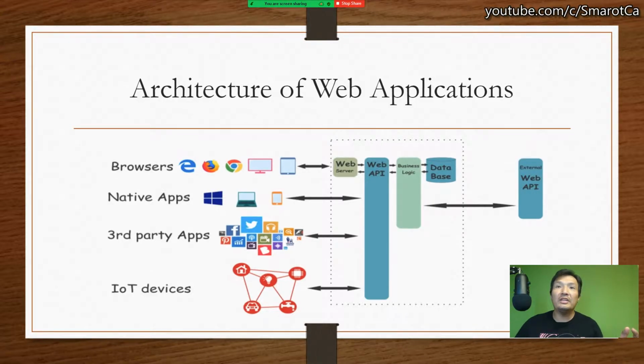We're calling it Web API. So this is application program interface. Again, what is Web API? Web API is an interface which allows the frontend to talk to the backend.